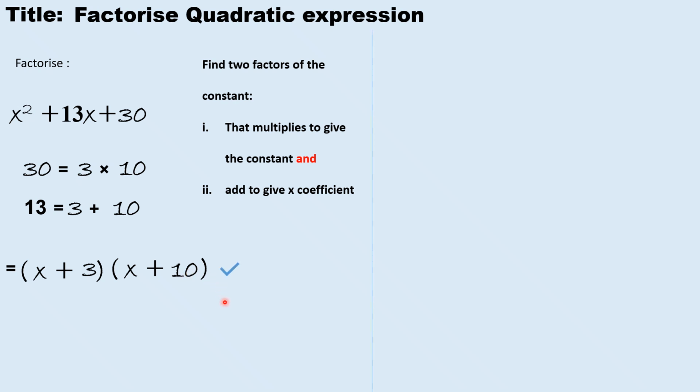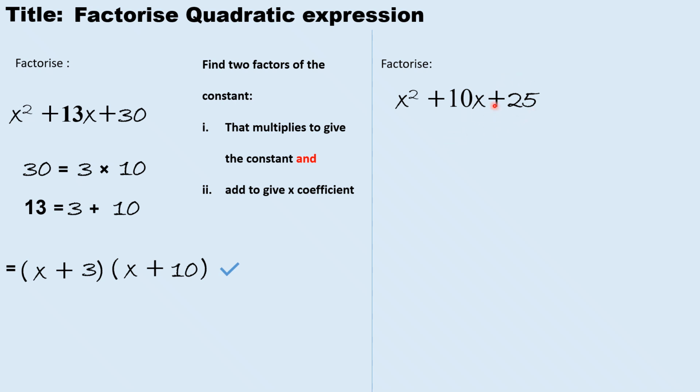Let's look at the next question. You can pause and try this one. Okay, let's check our answer. Again, we need two factors of 25, two numbers that we can multiply to get 25 and add to get 10.